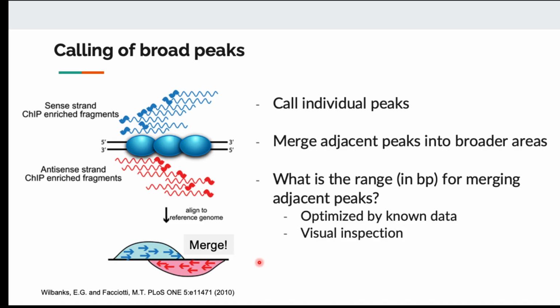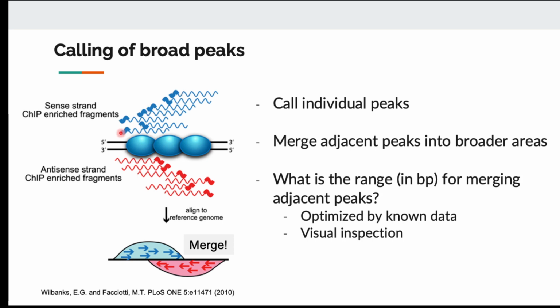There are two ideas that we can apply to handle such broad peaks. Let's imagine what happened. Let's say histones surrounding this area, many histones, are all methylated. So when you do the antibody pull down, you get DNA fragments from everywhere in this region.